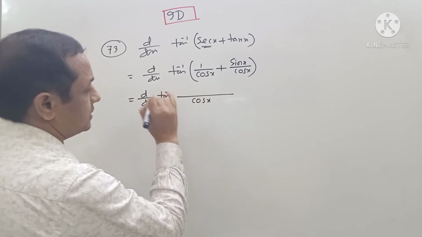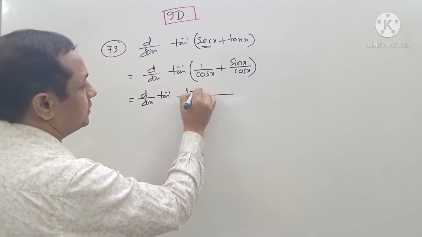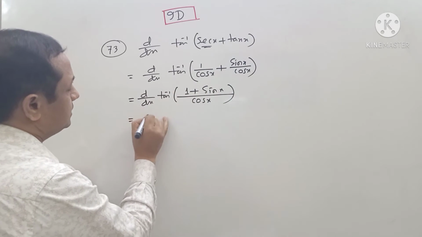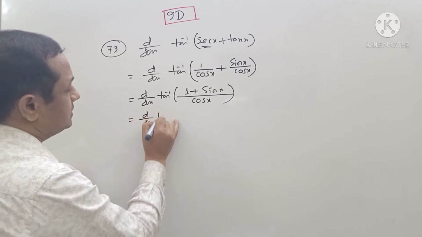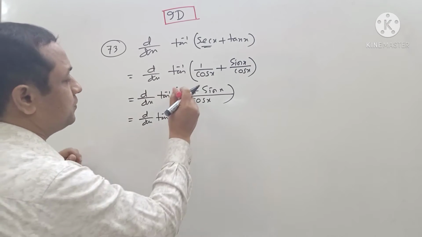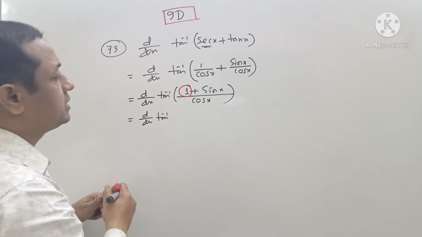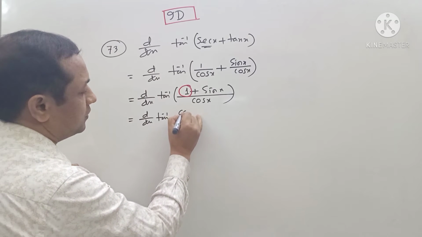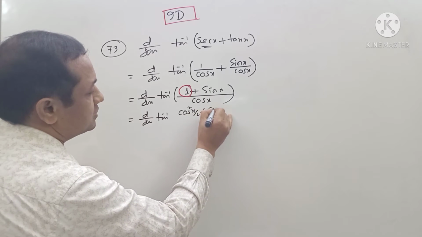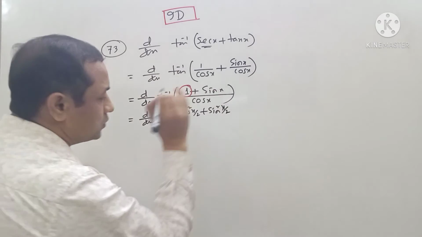the LCM is cos x, so the numerator will be 1 plus sin x. Then d/dx of tan inverse, we can write 1 equals, attention please students, 1 equals cos square x by 2 plus sin square x by 2.